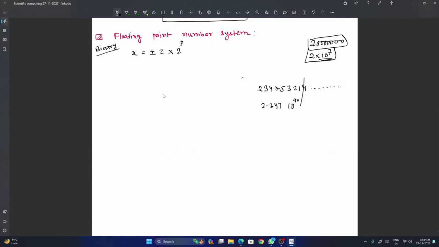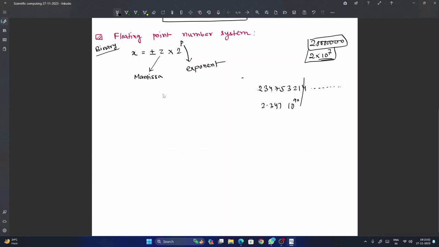This z is called the mantissa of the number, and this p is called the exponent. In a decimal system you get 10 to the power of some value. In the binary system the base is 2, so we have 2 to the power p, and z is the mantissa.